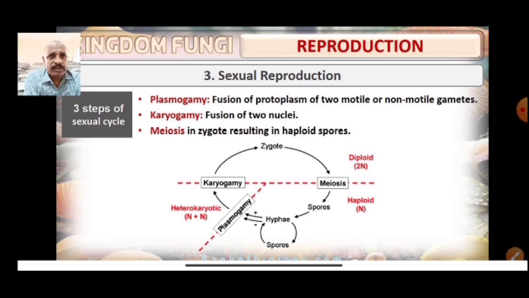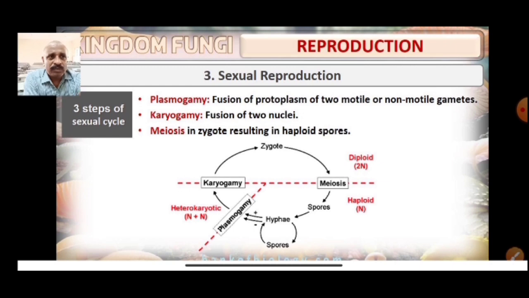The word itself says it: gamy means fusion, and plasma means protoplasm. That means fusion of the protoplasm of two motile or non-motile gametes is known as plasmogamy.